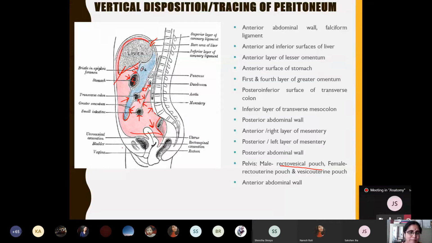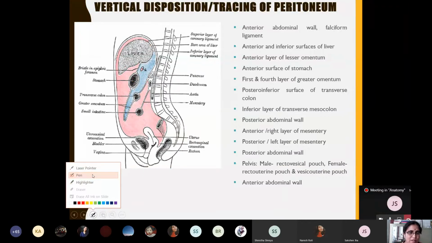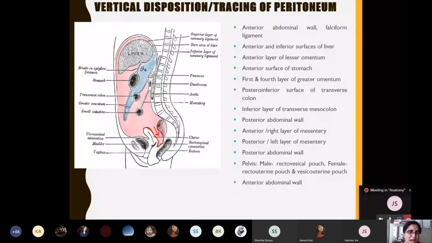Whereas in the case of the female, it first lines the rectum, then is reflected onwards towards the posterior fornix of vagina and posterior surface of the uterus as a rectouterine pouch of Douglas. Then after lining the posterior surface of the uterus, fundus of the uterus, and anterior surface of the uterus, it is reflected towards the urinary bladder, forming a shallow pouch.